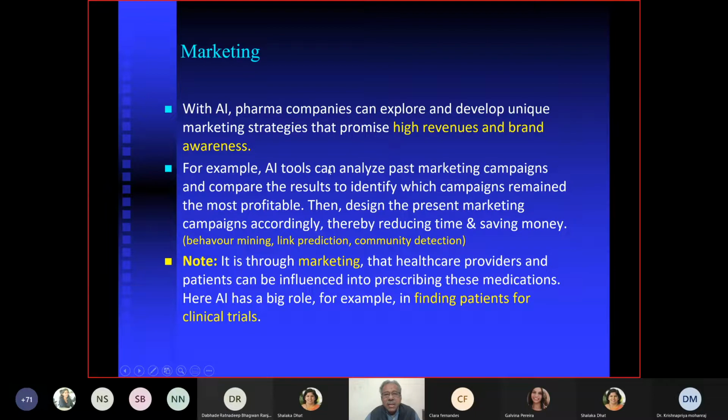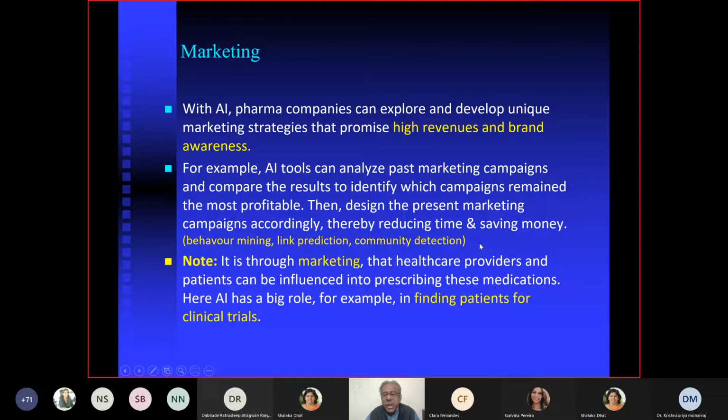Based on the previous marketing strategies, you retain the most profitable one. That means it's just a searching method. Then you design the present marketing campaign accordingly, thereby you reduce time and save money. So here you use behavior mining, link prediction, community detection.